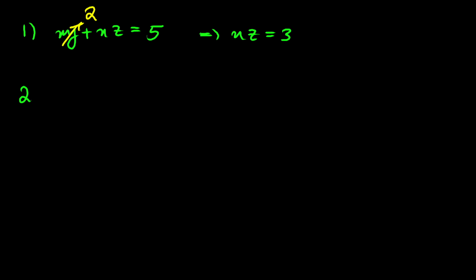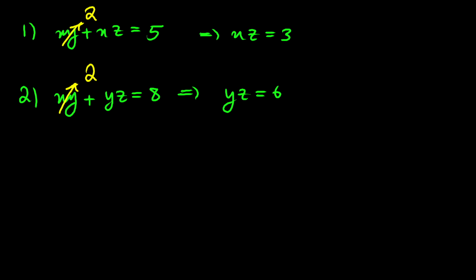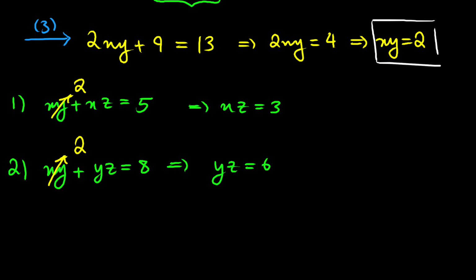Based on the second equation, we know that x times y plus y times z equals 8. Therefore, since x times y is 2, y times z has to be 6. So we know that x times y is 2, x times z is 3, and y times z is 6.